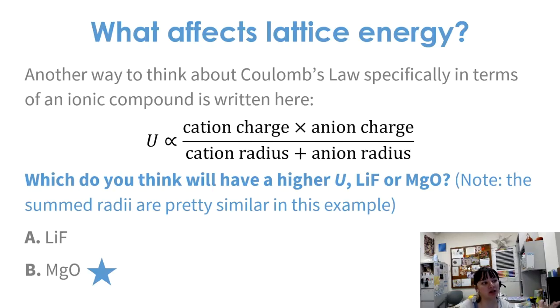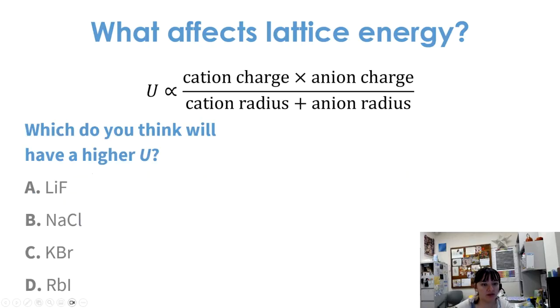But if you are comparing between a bunch of compounds that all have the exact same charge, in this case lithium fluoride versus sodium chloride versus potassium bromide versus rubidium iodide, then we can focus more on the radius itself. When the charges are all the same, the top part of this proportionality doesn't really matter.